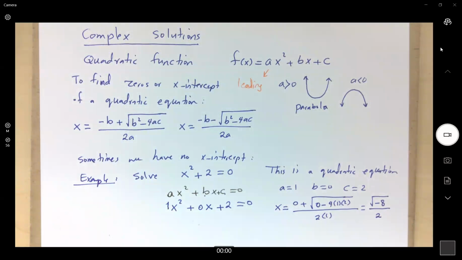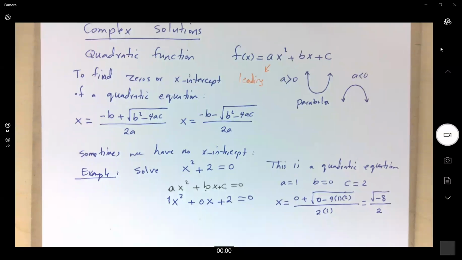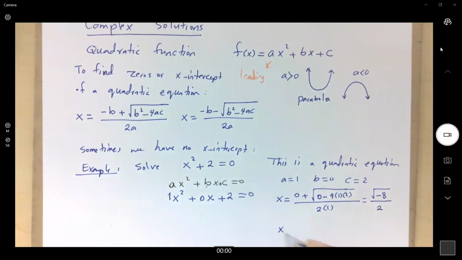We have a negative number inside the radical. What should I do with this? The second x is 0 minus square root of 0 minus 4 times 1 times 2 divided by 2 times 1. Again, I get negative square root of minus 8 divided by 2. What should I do with this minus?